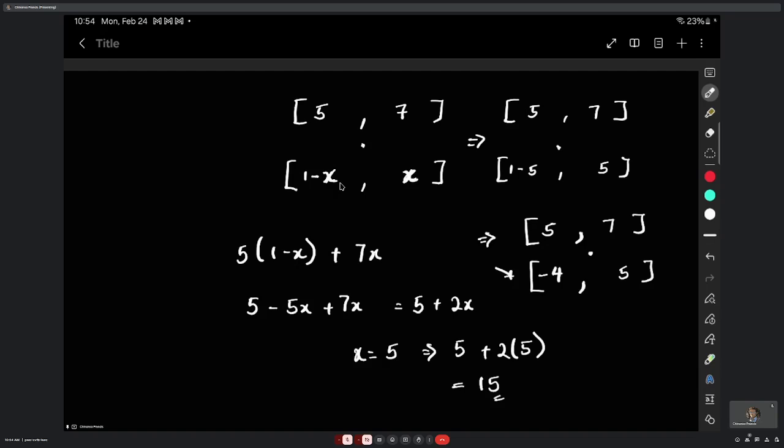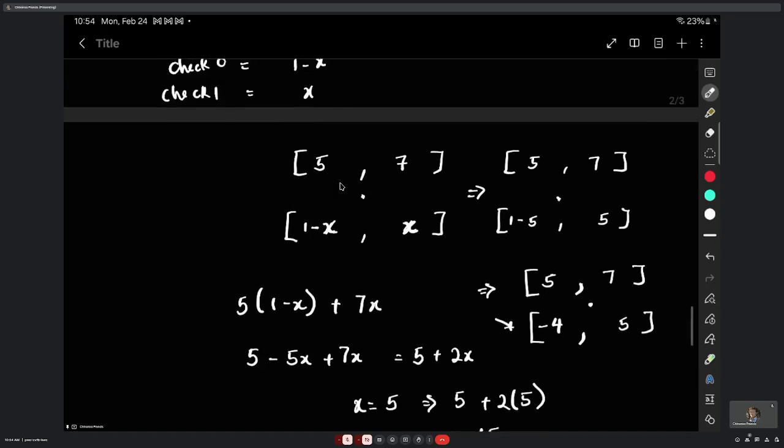So if we have a univariate polynomial with degree 1, this will work. But if the degree is more than 1, then we need the powers of tau, right?